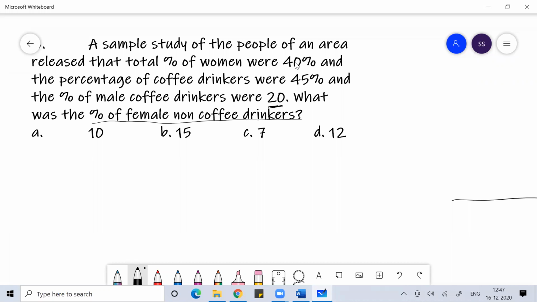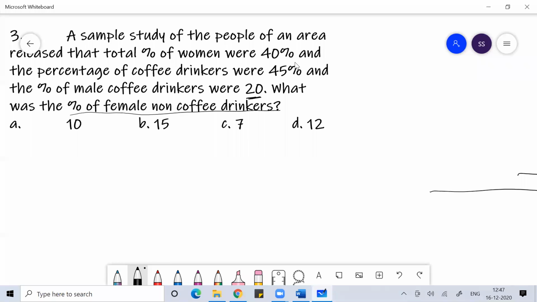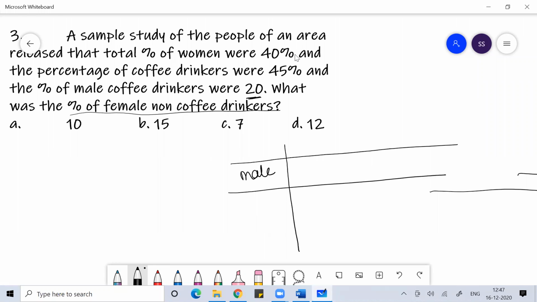If you see in this question, here basically data is given about male, and then you have female, then I can put total.